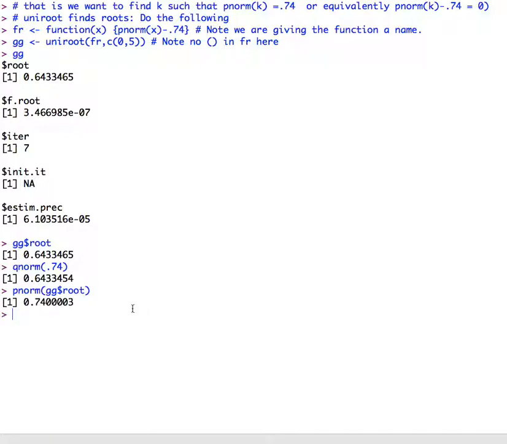And that gives us the 0.74. Notice once again, we have 3 here. So what I want you to take from this is that we found the root directly using uniroot, but there's a built-in function that finds the same thing. You'll find that whenever you have a built-in R probability distribution.